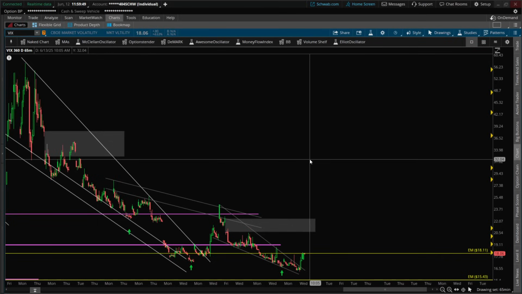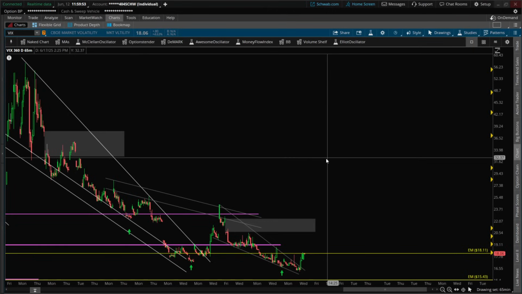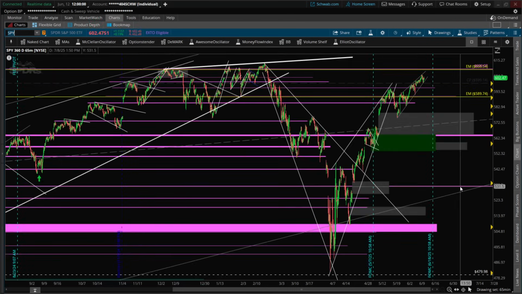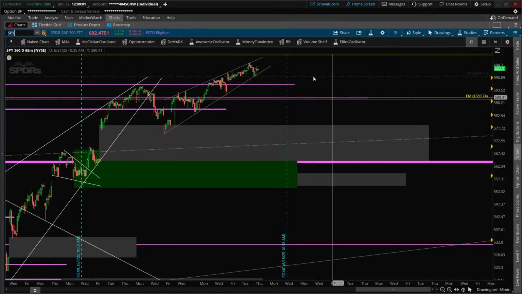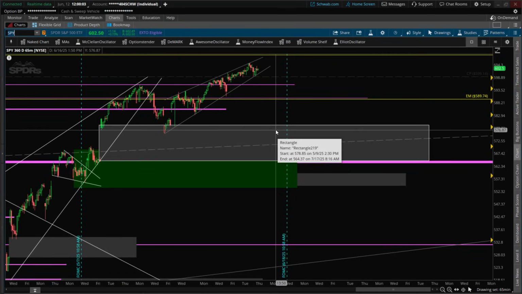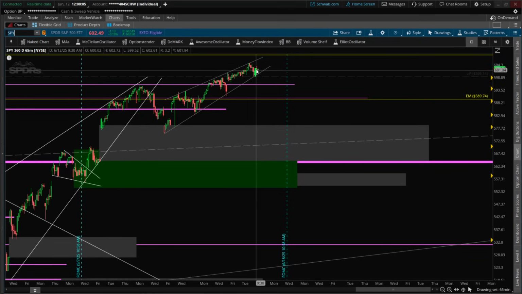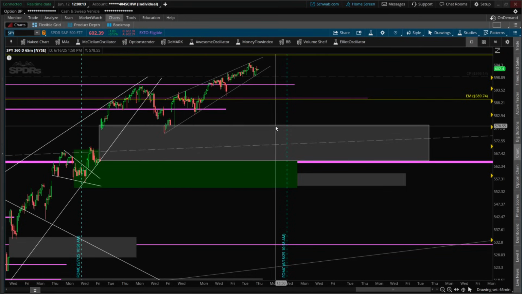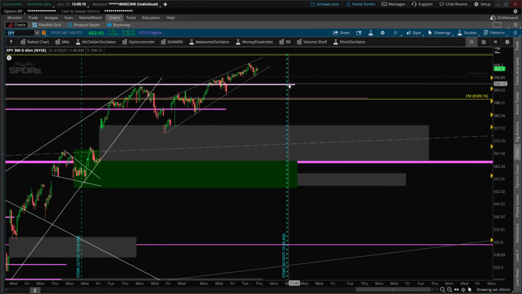Probably not just a straight up move, but a move, pull back, move, pull back, and that would set you up in SPY or SPX or ES, whatever you trade, to get our initial wave 1. So this could be the beginning. This could be a little 1-2-1-2, and then you get your wave 3 and 4 and 5, and maybe you test the lows and then get your bounce.